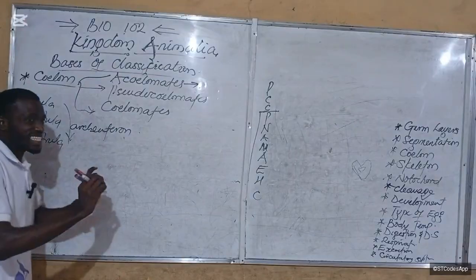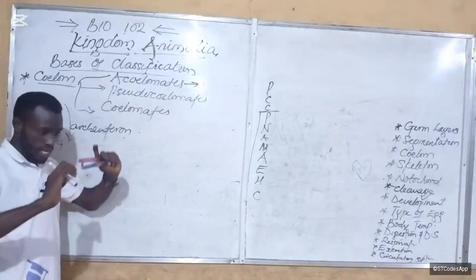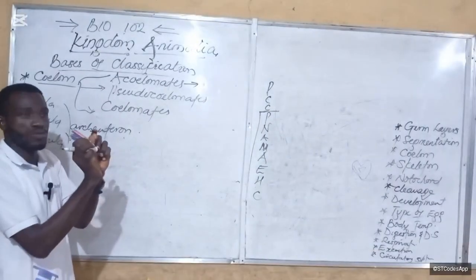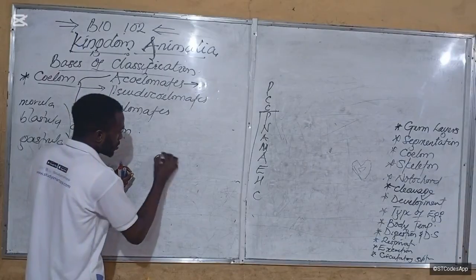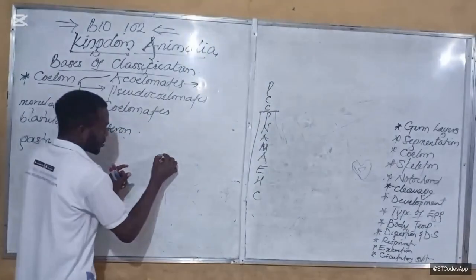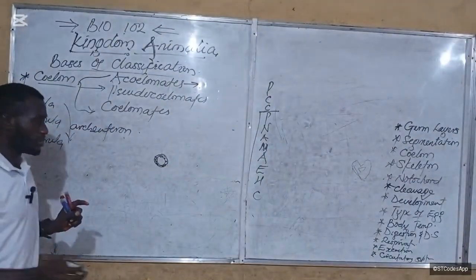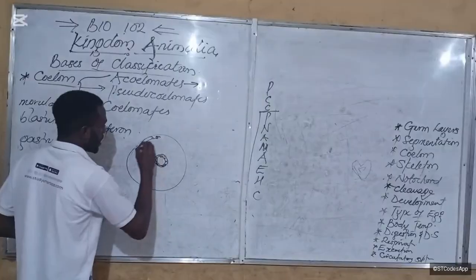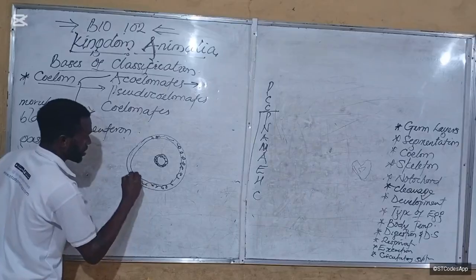Now, as the cells begin to organize themselves in that way and form inward, that inward formation is going to result in a set of hollow cells that will form the endoderm. Then we see the outer layer of cells, is that clear?